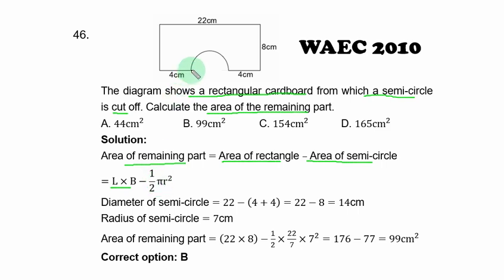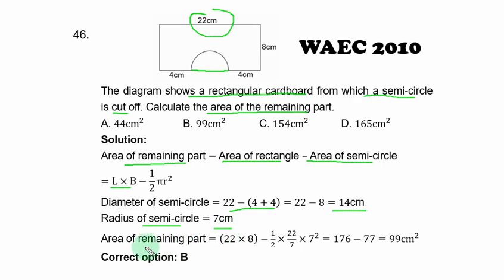If you close this part, it is the diameter of the semicircle, and that is (22 - 4 + 4) in brackets. That is what you have here, and that is 14 cm. Radius of semicircle is equal to 14 divided by 2, that is 7 cm.